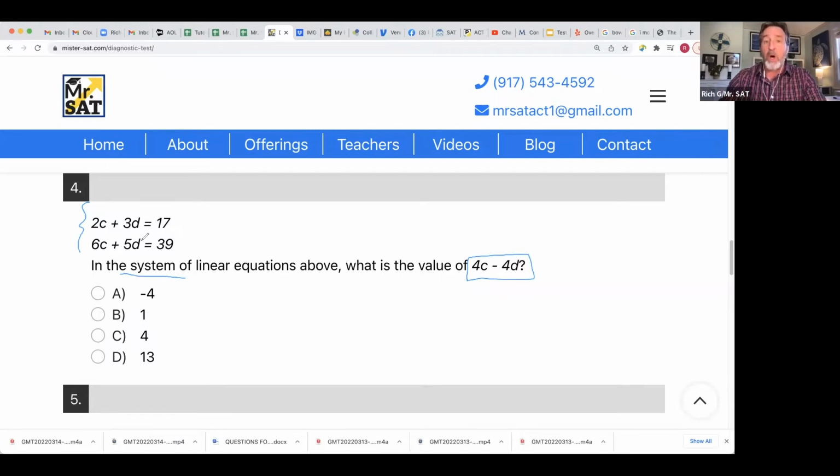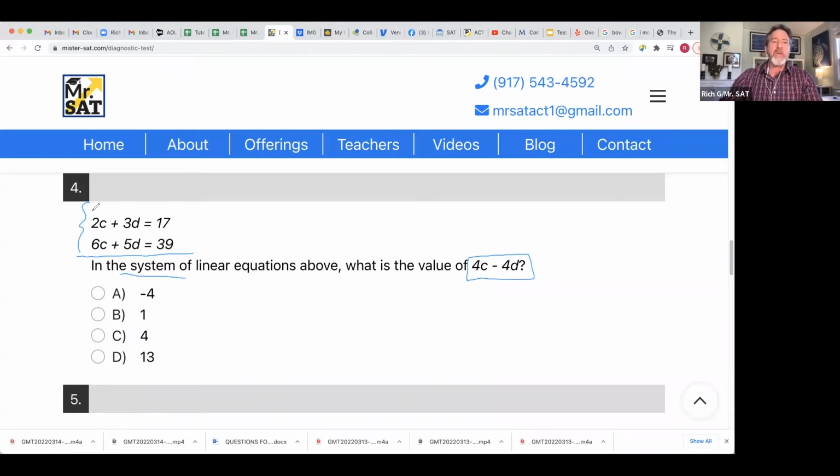I can put them one on top of the other, and I can either add them together or subtract them. Almost always on the SAT math, I add the equations together. I can't remember the last time I subtracted, but be ready to do it. That is one method. Let's do it and see what we get, because that's really the first move. More often than not, you stack them and you add them.